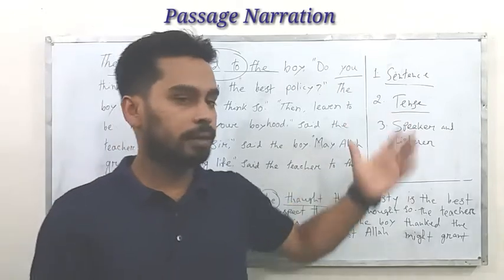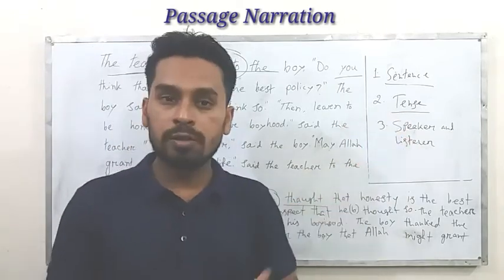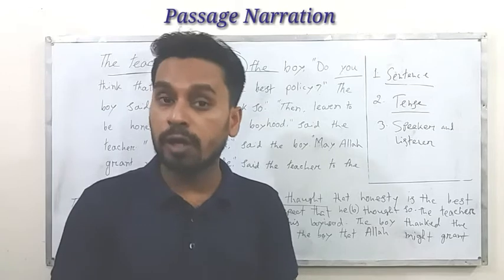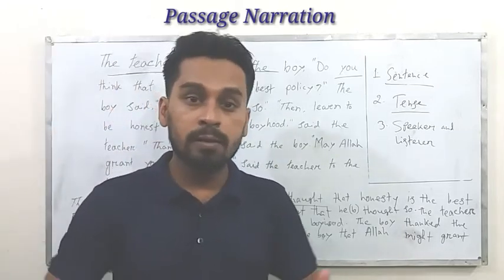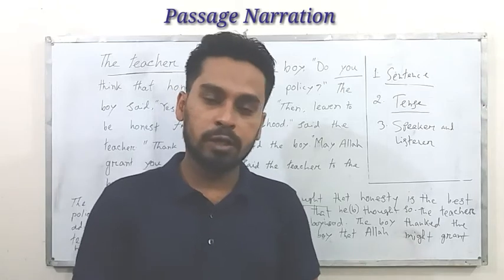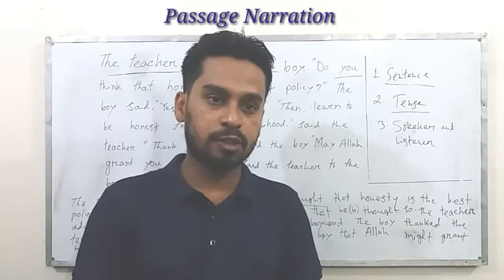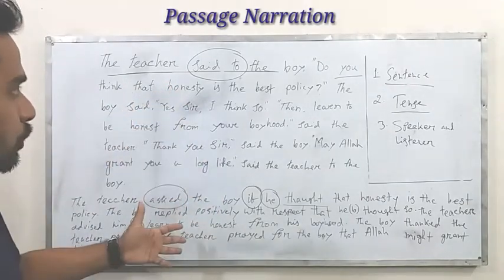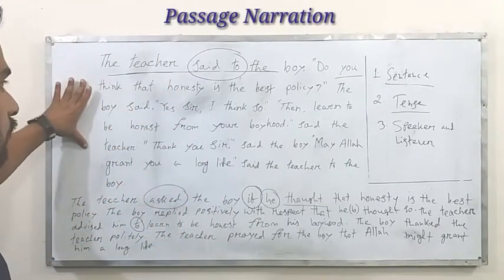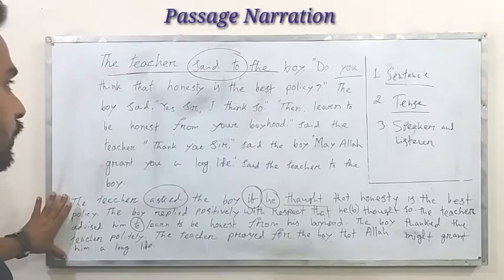Okay, and tenses, and then who is the speaker and who is spoken to. These 3 things are really very important to know for a student to solve direct speech to indirect speech. Okay, and there is an example too. The first one is the question and the second one is the answer.